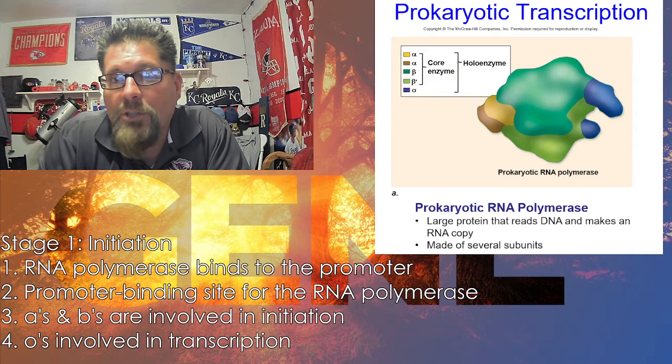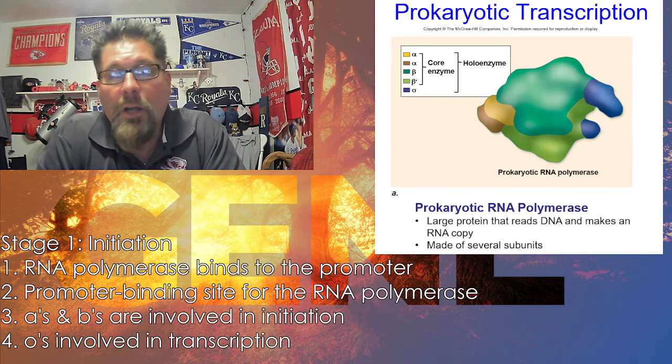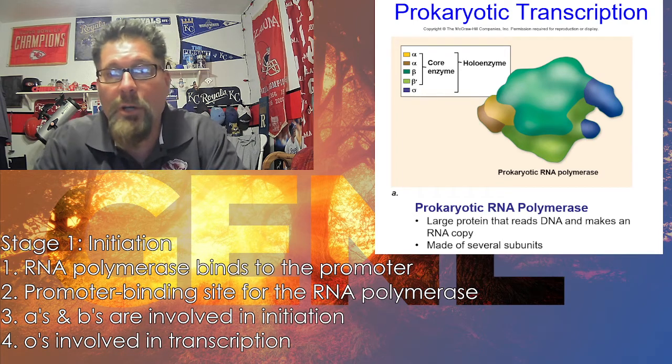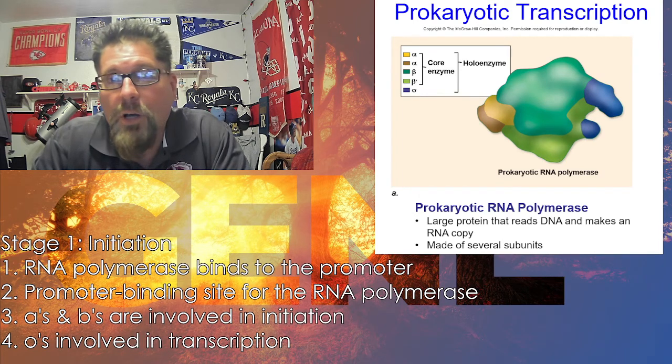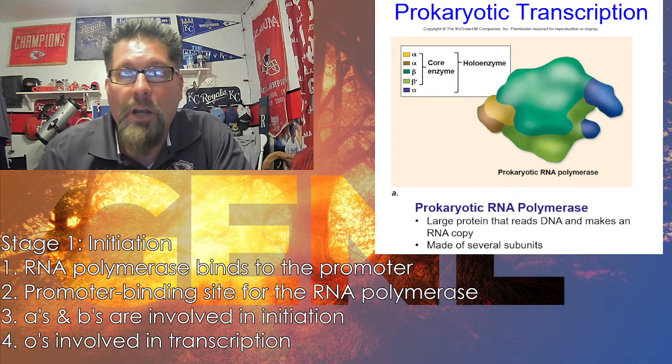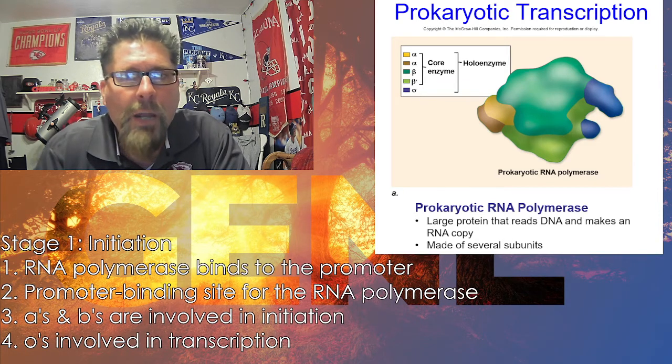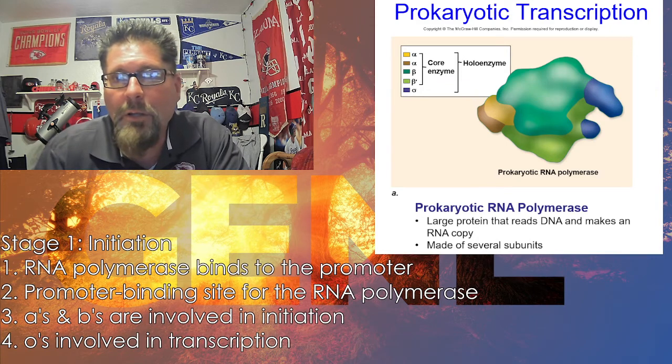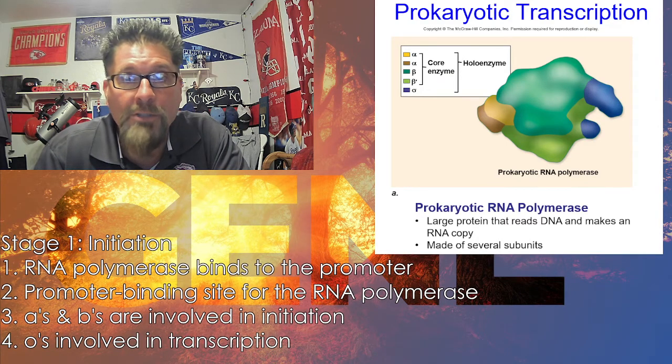So you've got your polymerase that binds to the promoter, gets it started, again just like eukaryotic transcription. A lot of similarities there, different names as far as what they may be, but the process can be the same. Who does that is maybe a little different.